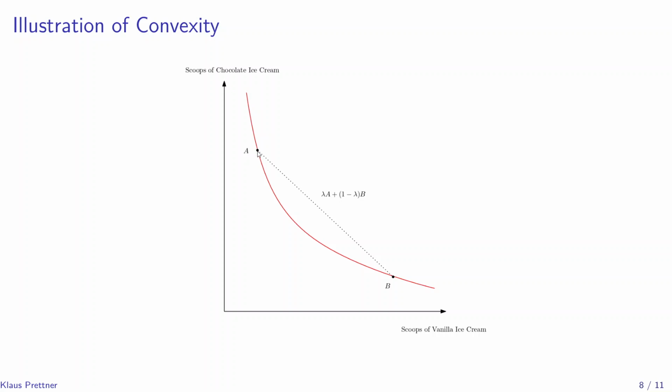So if you compare consumption bundle A to consumption bundle B, then a consumer who can buy a linear combination of the two, so kind of a mixture that is more balanced between the two, will always be better off. So it will be to the right of the indifference curve. So it would be along this line here if you buy a linear combination of the two goods instead of the extremes that are on the boundary, and that means that the better set here is convex. All linear combinations along a straight line lie within this set.